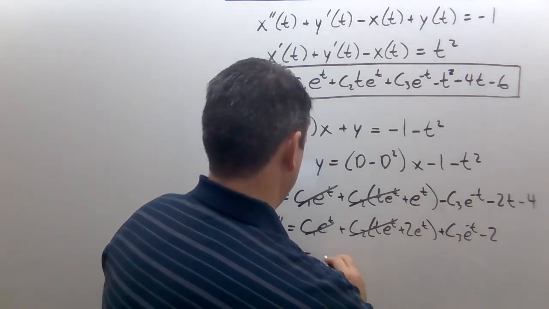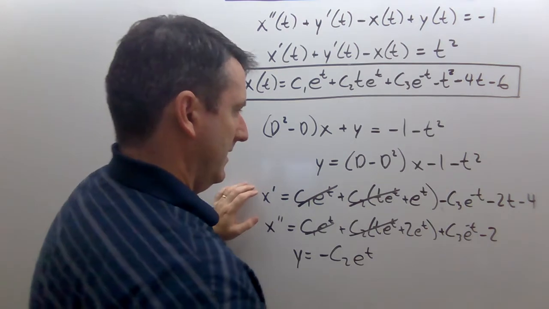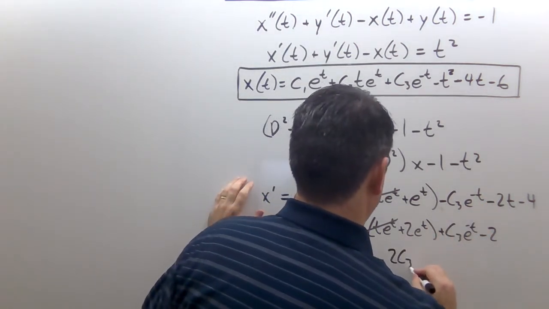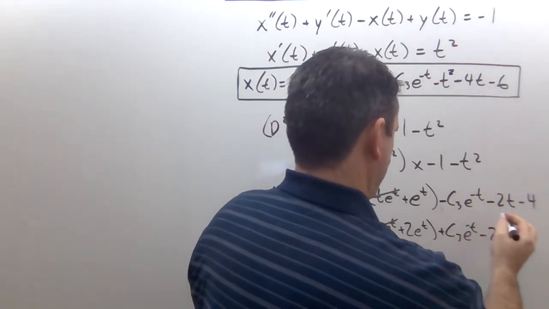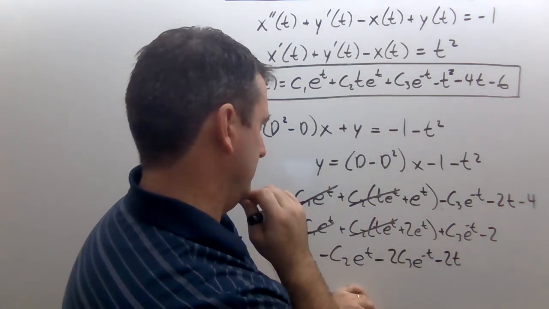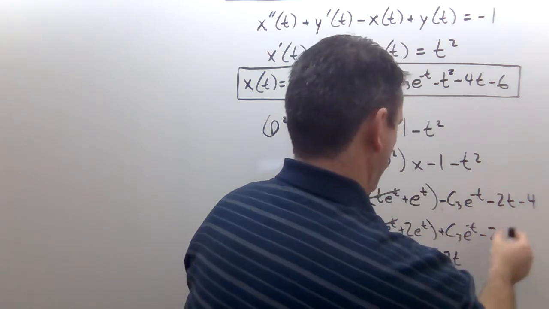So that's going to be minus c2 e to the t. If we subtract these, we're going to get minus 2c3 e to the negative t. Minus 2t minus 4.